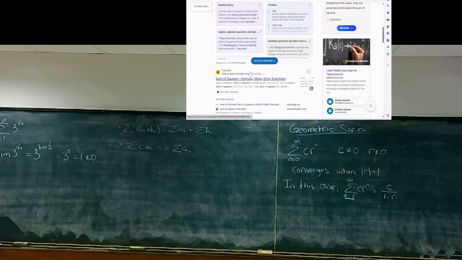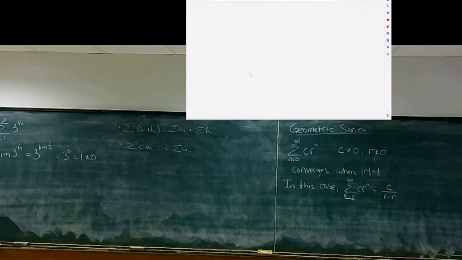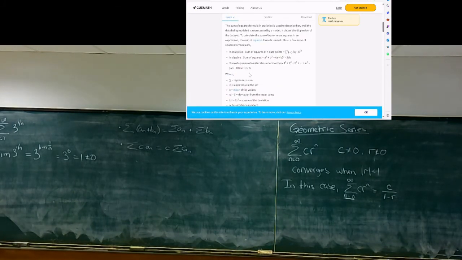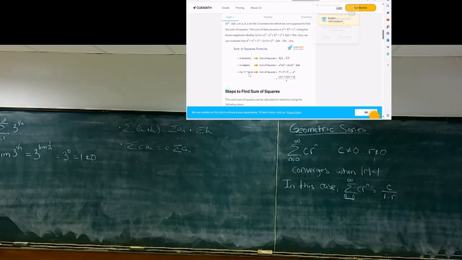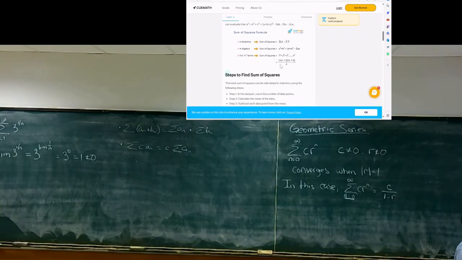Should all add up to 85. There it is. I did remember it. n times n plus 1 times 2n plus 1 all over 6.